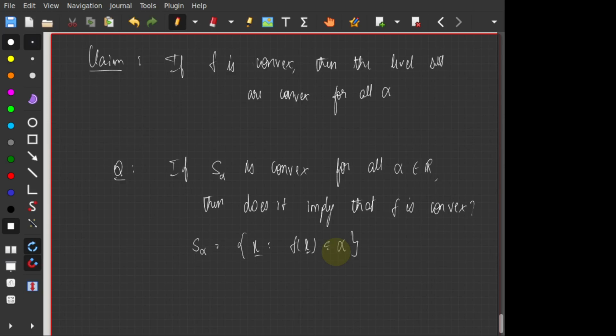Does it mean that f is convex? No. If the function is concave, then would the level sets be convex? They won't.